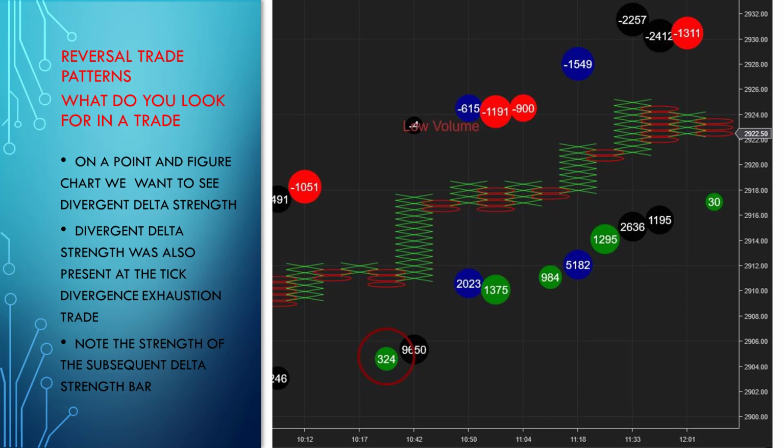Also important to note that on the previous tick divergence trade, there was also divergent delta strength with the number being 246. And it is also really important to note the subsequent delta strength bar after the reversal pattern was an extremely significant 9,650 contracts, meaning that there was an extreme amount of buying going on in that bar.